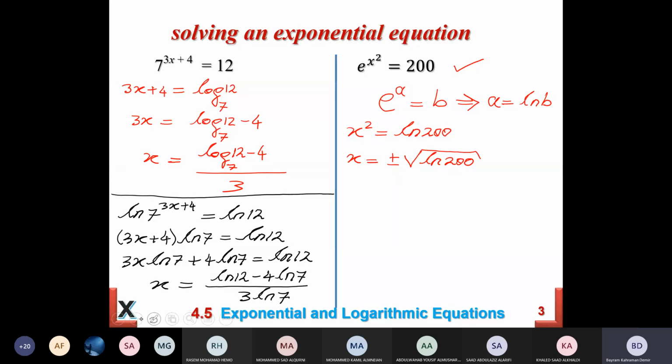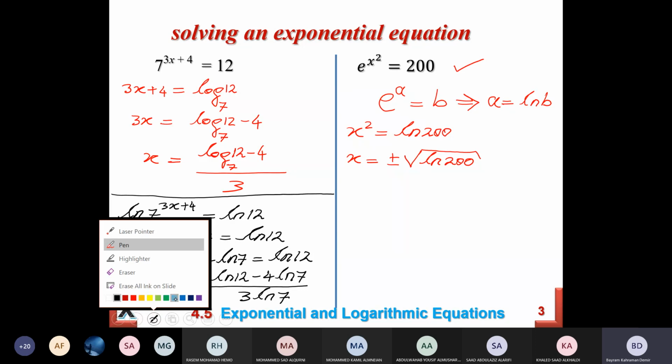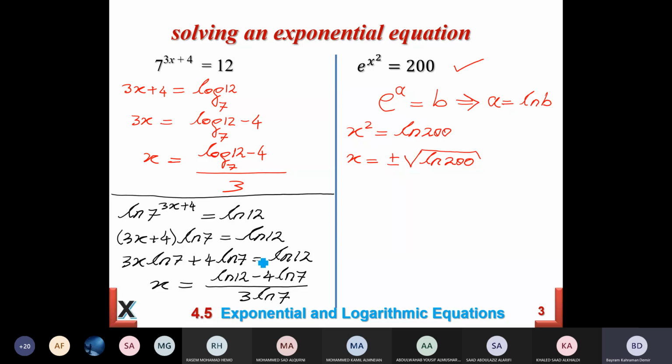Now, can you imagine, Shabab, these two expressions? We have a solution for x here and here. You see how different they look? They look completely different, right? But in fact, when you use your calculator, they will give you the same value.